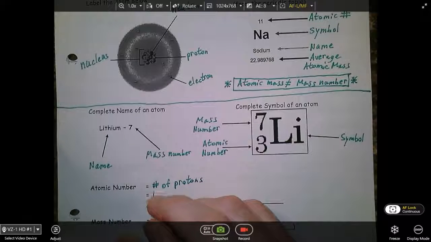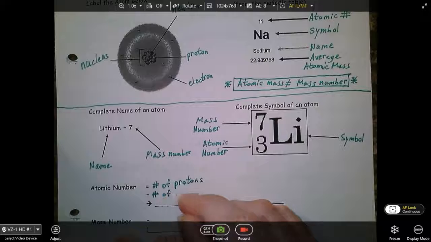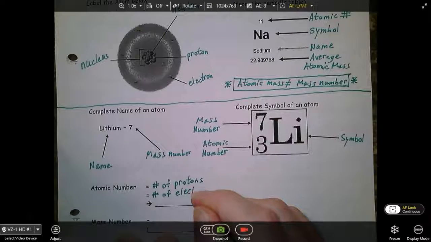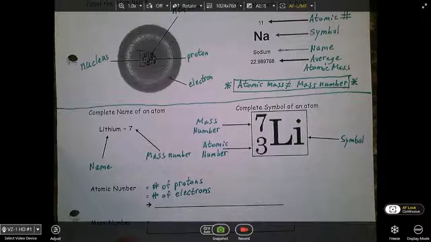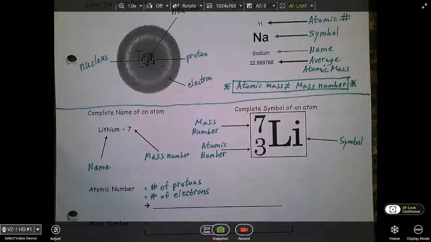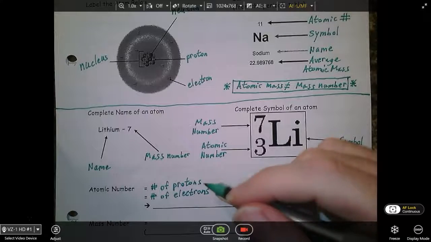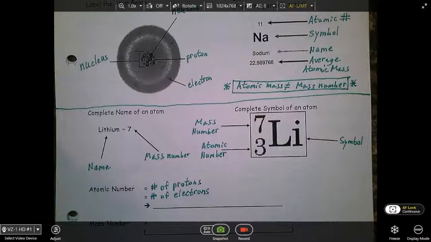It's also, for now, the number of electrons. Later we'll talk about a different case, but for now, because all of the atoms we talk about are neutral, it's also the number of electrons. That will change later.